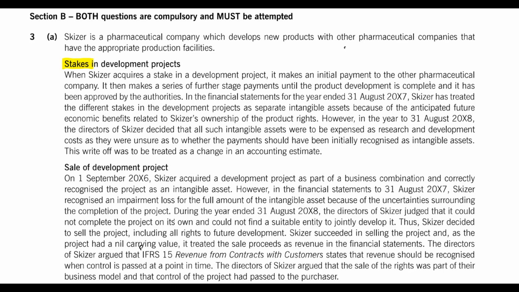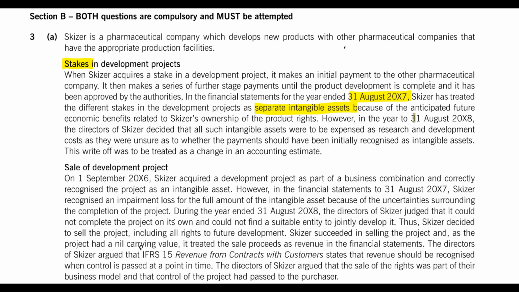What we're being told about the stakes is that Skies has made an initial payment, and in X7 it has treated these as intangible assets because at that time it believed it met all the criteria and they had anticipated future economic benefits.